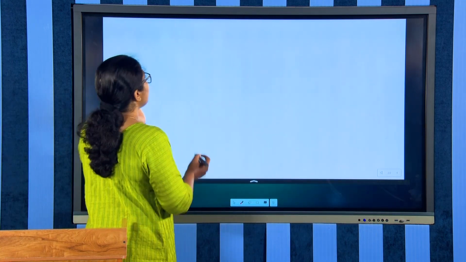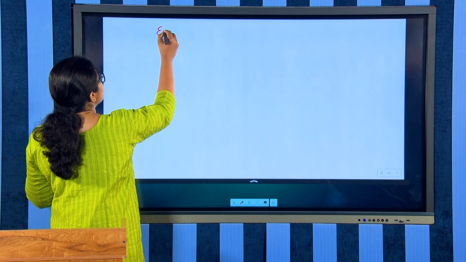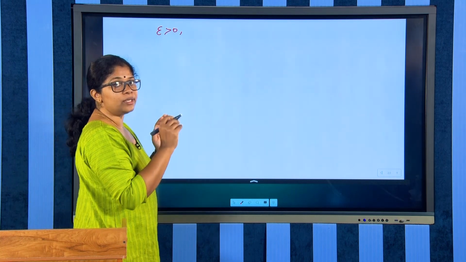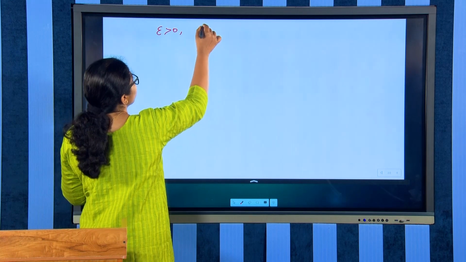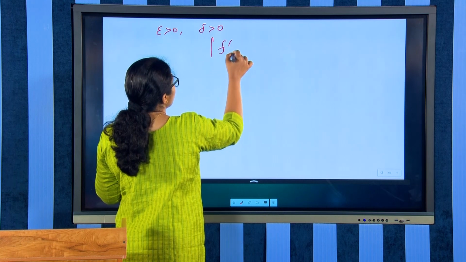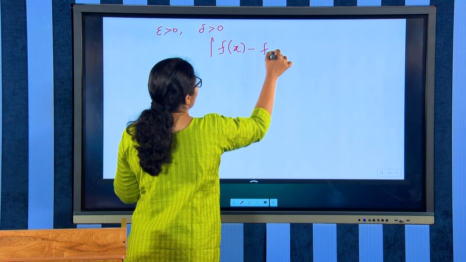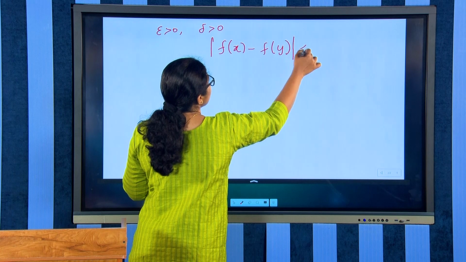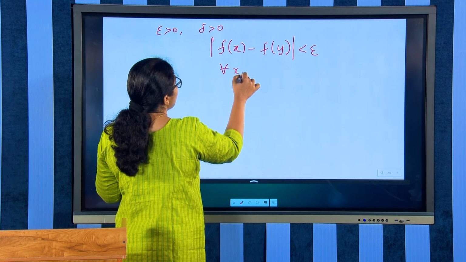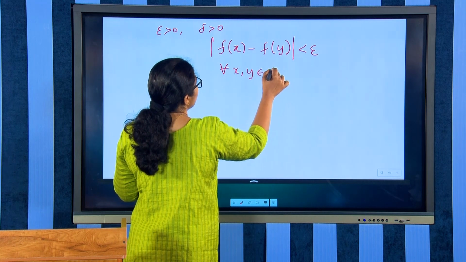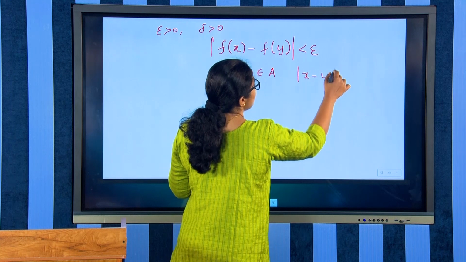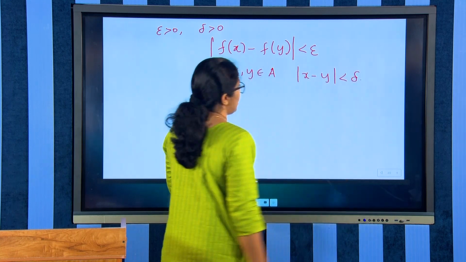What was uniform continuity? Given epsilon greater than 0, we should be able to find out a delta greater than 0 such that modulus of f of x minus f of y should be strictly less than epsilon for every x and y in A or in the domain for which modulus of x minus y is less than delta.